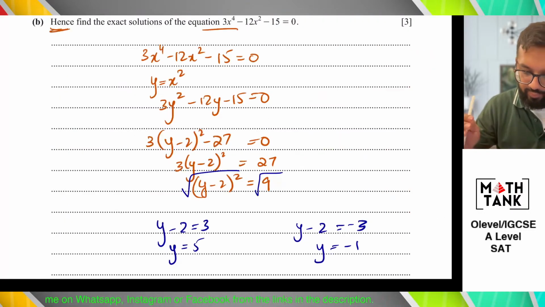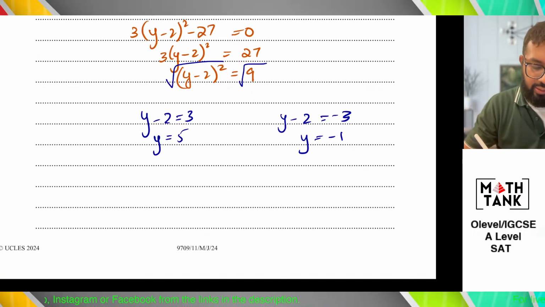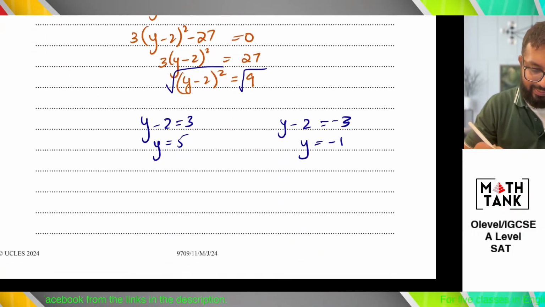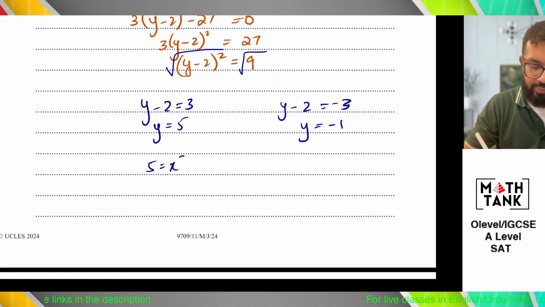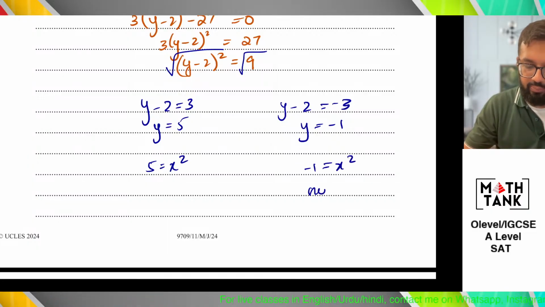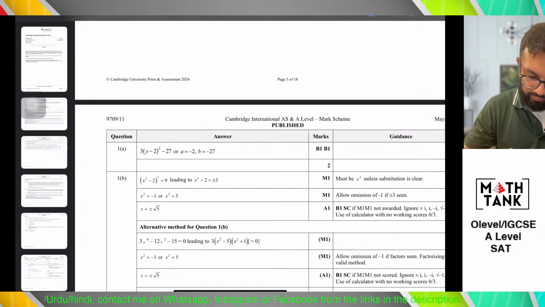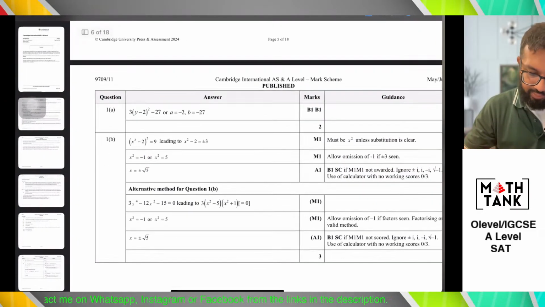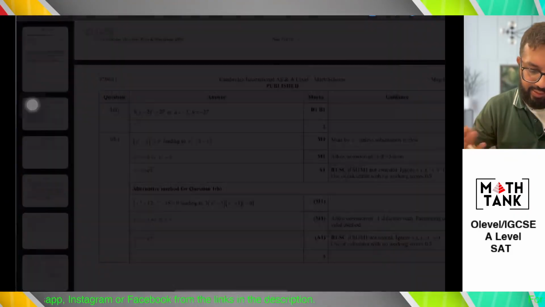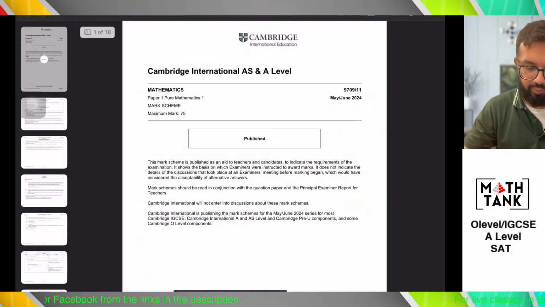Those are values for y. I need to find values for x. So 5 equals x squared, x squared equals 5, and x squared equals minus 1, that's not possible. And I get x equals plus minus root 5. Okay, those should be the two answers. When I say hence, you are forced to use the previous part.